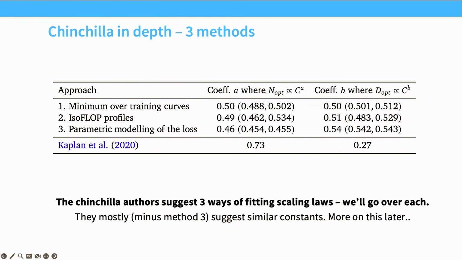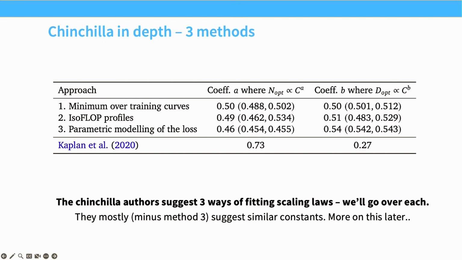Okay, so the Chinchilla authors suggest 3 different ways of fitting scaling laws. I really like this because it's a way of robustifying yourself to modeling assumptions you may have made. And each of these is actually quite a different approach to estimating the trade-off between model size and data. Minus method 3, which does differ a little bit, they mostly agree.